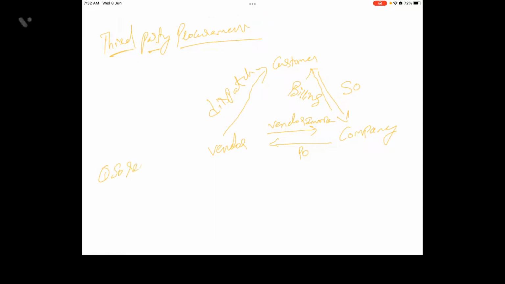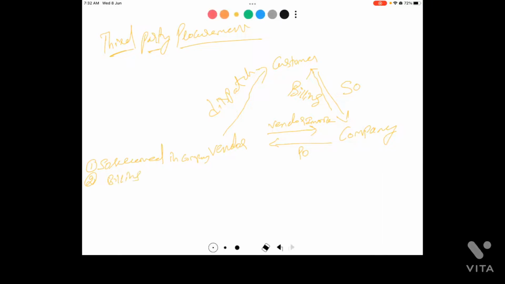So what are the points you need to understand here? The first point is the SO is received in my company. The billing will be raised by my company. These two points are between the customer and our company.